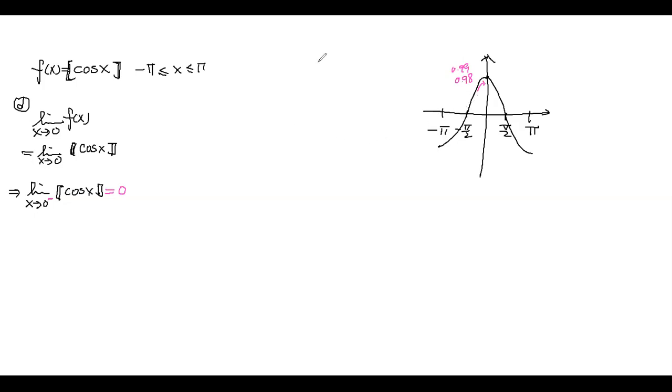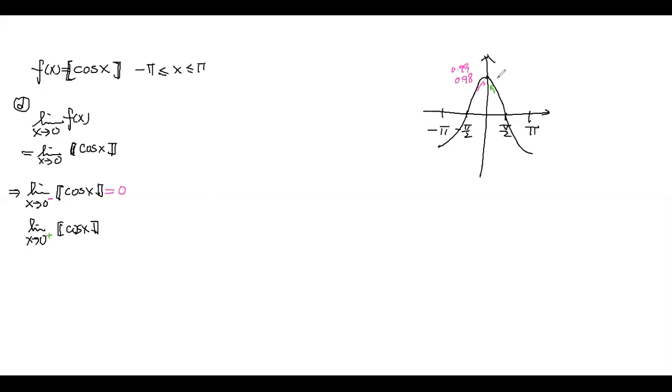Okay, so now let's take a look. In the same way, you need to do the limit as x approaches 0 from the right-hand side, right? So from the right-hand side, this is cosine x again. If you approach from the right-hand side, that means you're approaching 0 from here.